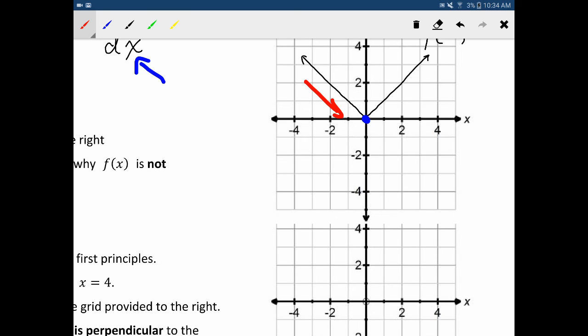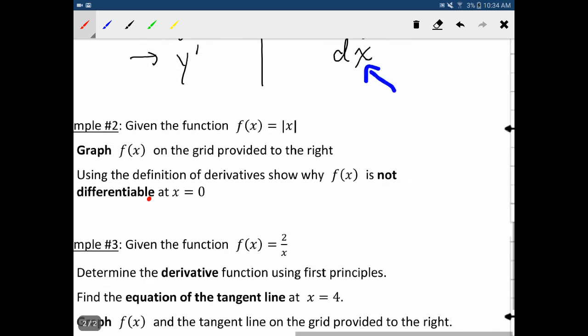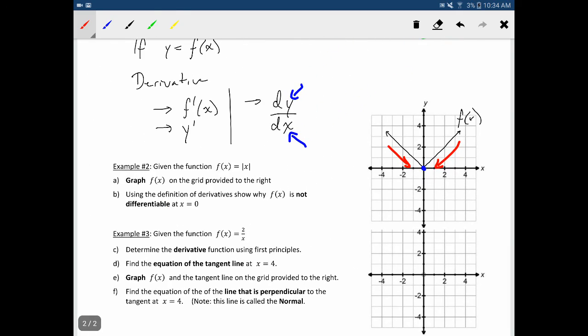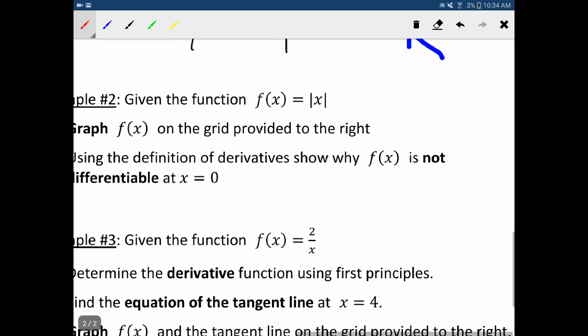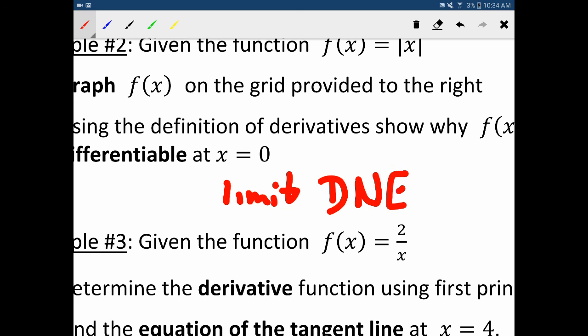If, however, we take the right-sided limit, we would get +1. And so at that point, the limit does not exist. This is why this is not going to be differentiable at that point. And as I said earlier, you can tell just by looking at it, because it comes to a point, you can't draw a single tangent line to that point that is the only one that would be acceptable. So the limit does not exist.